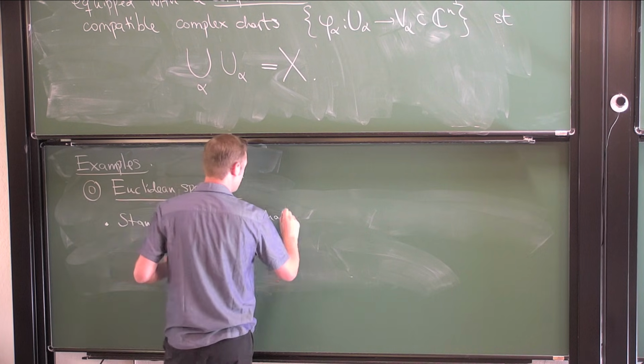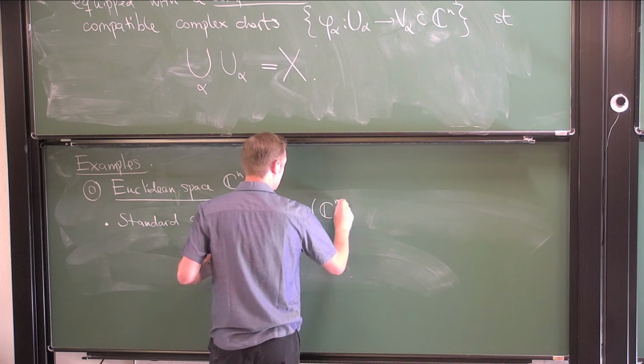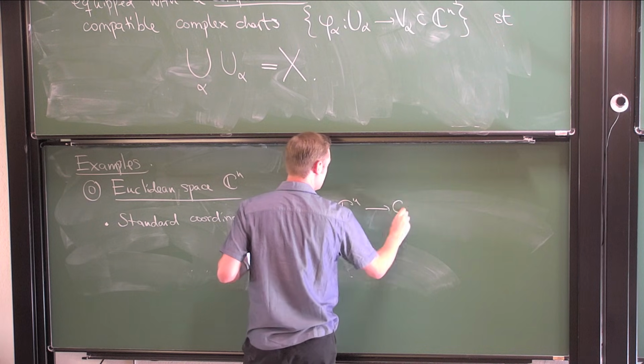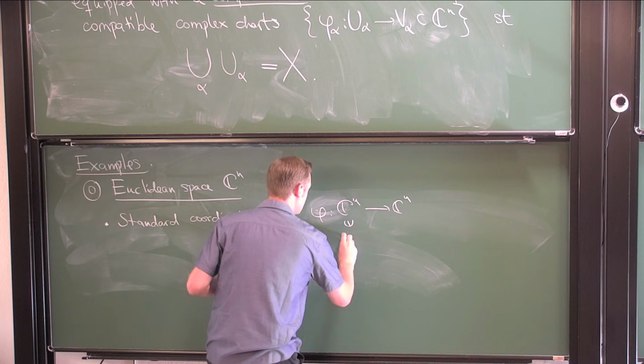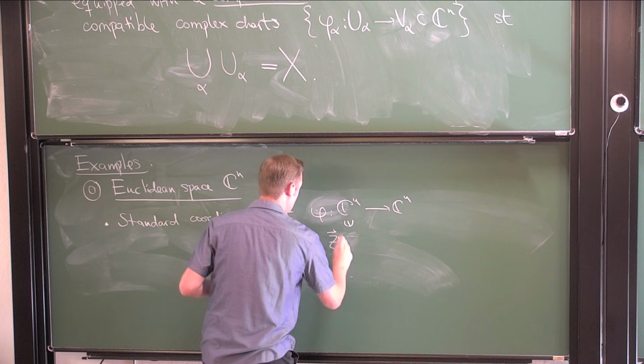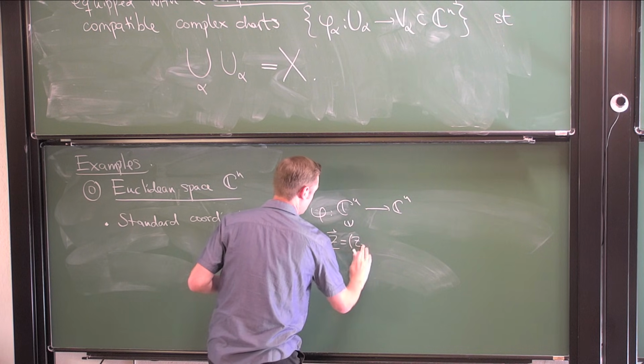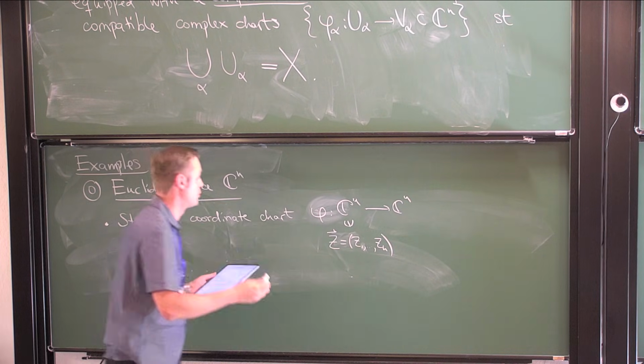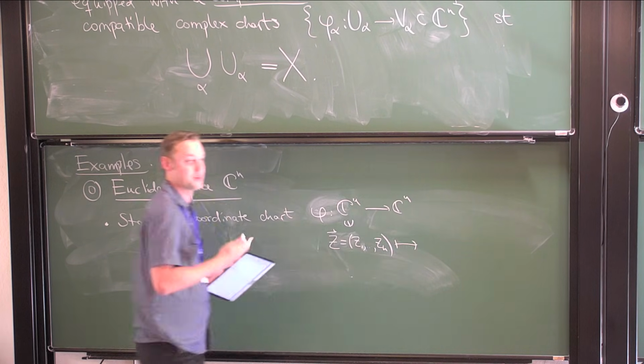Standard coordinate chart, which you could say is phi from C^n to C^n. What it does is it takes a point and just outputs the same point. So it does nothing.